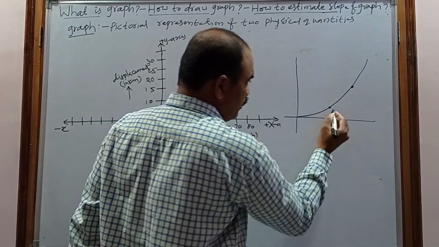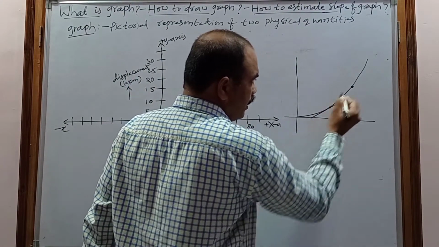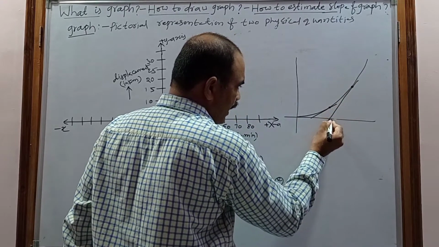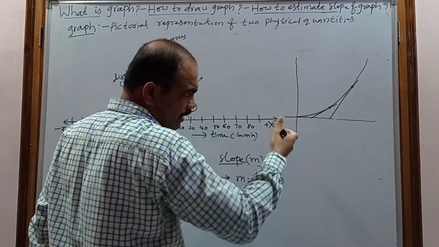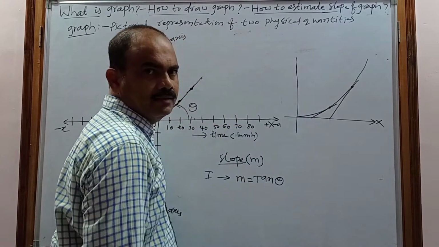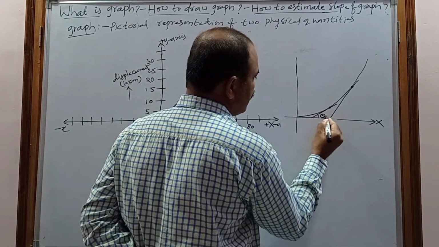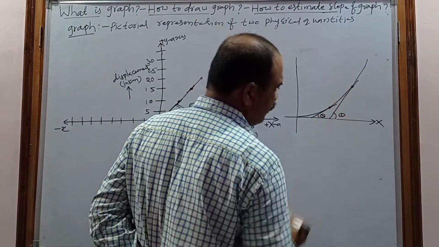This is a tangent drawn at this point, and this is a tangent drawn at this point. When drawing the tangent, extend the tangent until it intersects the x-axis. Then check the angle made by the tangents drawn at the 2 different points.